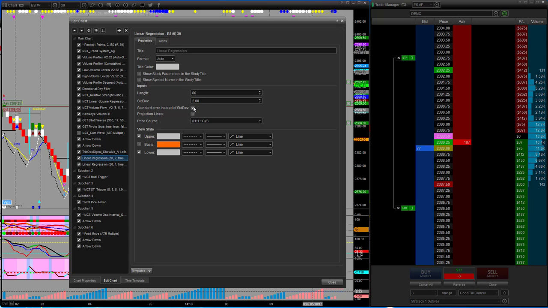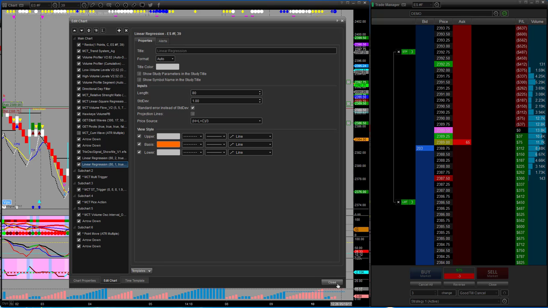I tick that, then my price source is high, low, close divided by 3. So I put the upper and the lower bands there, and then on the second one I change the standard deviation to 1 instead of 2, also using 80 bars. Source the same, high, low, close divided by 3, and I use again standard error instead of standard deviation.